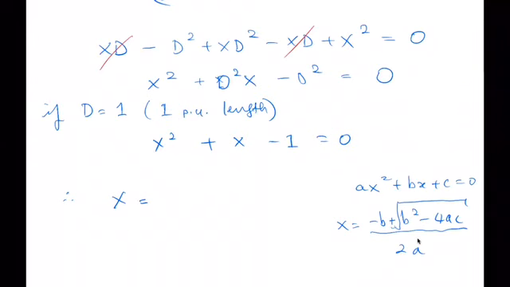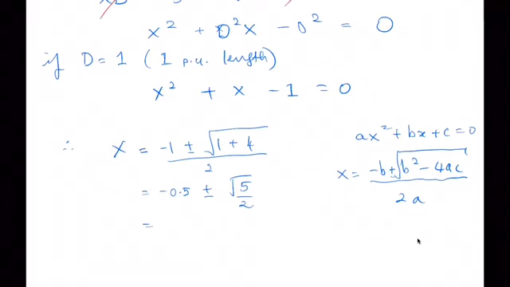So here, you can solve it. Minus b is minus 1, plus minus square root of b squared, which is 1, plus 4ac, divide by 2a, which is 2. So you have minus 0.5 plus minus square root 5 over 2.